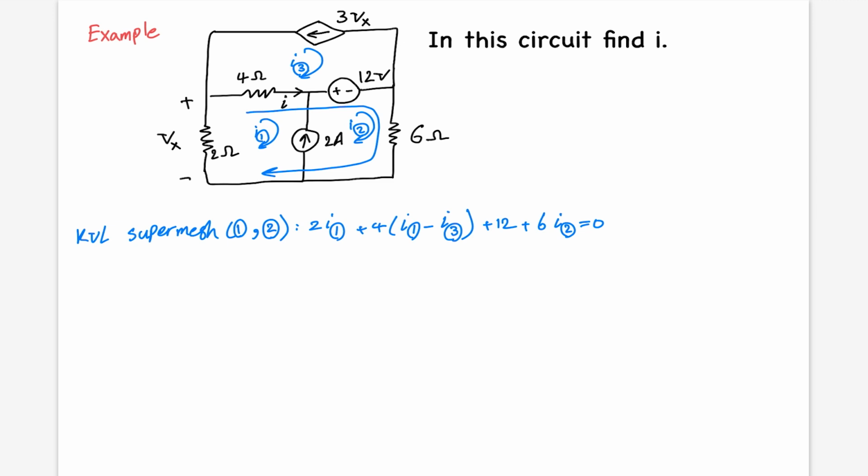Because we know this expression is the voltage across the 2 ohm resistor. And for this resistor, we would have one current I1 in this direction, and the other one, I3, in the opposite direction. So we will have the difference of them, and we will multiply it by the resistance, and we will get the potential across this 4 ohm resistor.